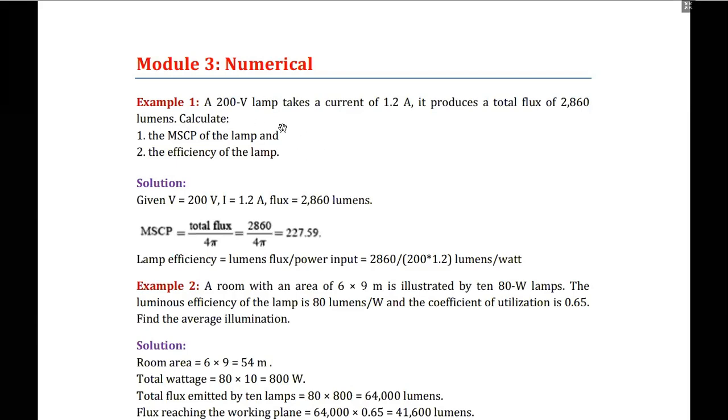The watt is not given here. It is given the voltage and the current. So input is 200 into 1.2. So when we solve, you will get the value of the lamp efficiency, and the unit will be lumens per watt. That is the unit of efficiency. यूनिट का स्पेशल ध्यान रखना जब इस तरह के न्यूमेरिकल्स को सॉल्व करो.